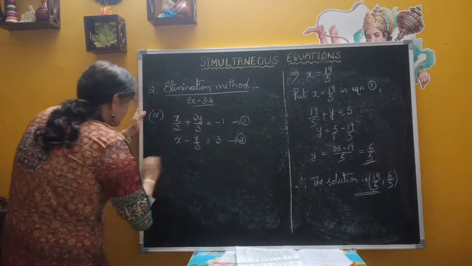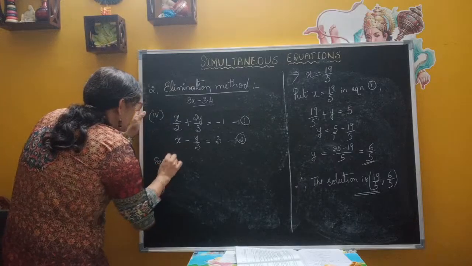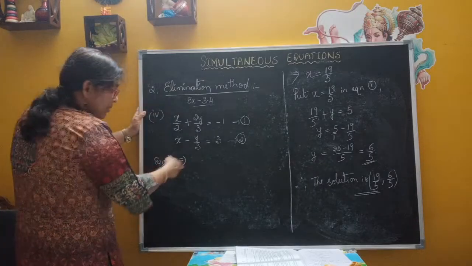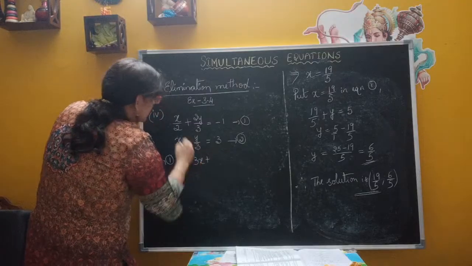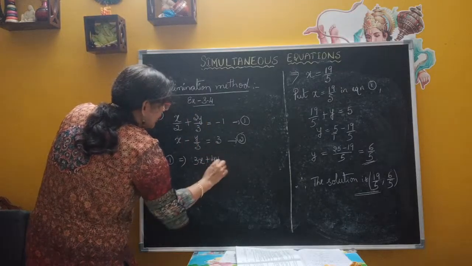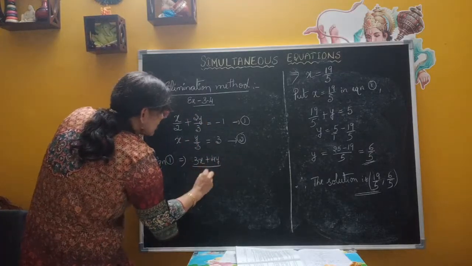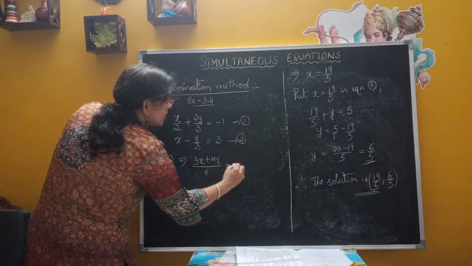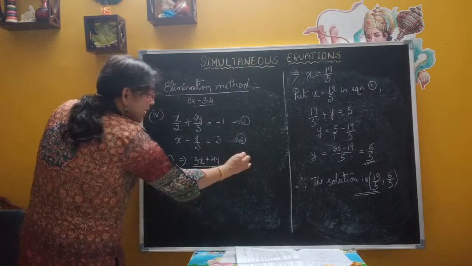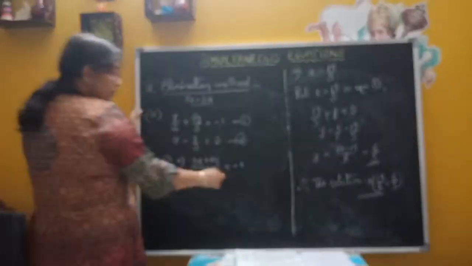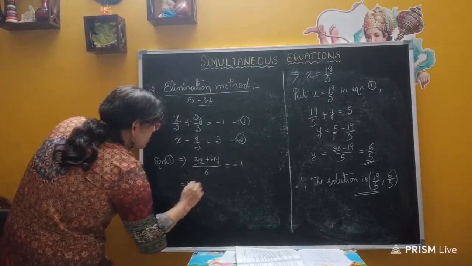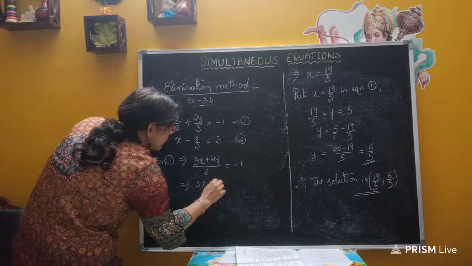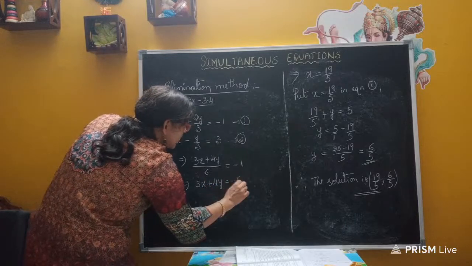So equation 1 can be written as, this implies, 3x plus 2 2s are 4, 4y by 3 2s are 6, the LCM, is equal to minus 1. Transpose 6 to the RHS, that means we need to multiply minus 1 with 6. So this implies 3x plus 4y is equal to minus 6.